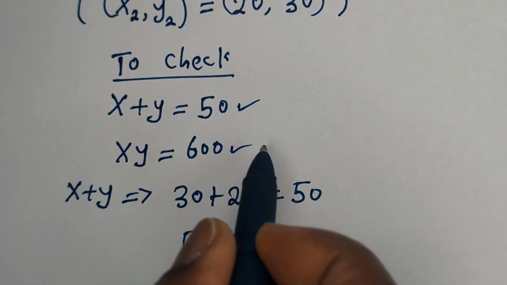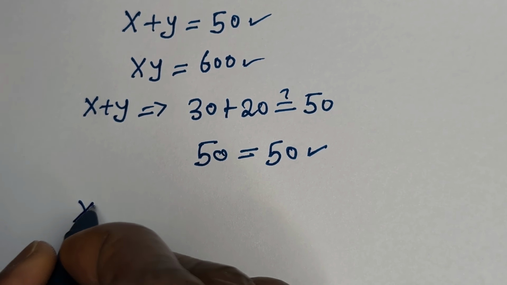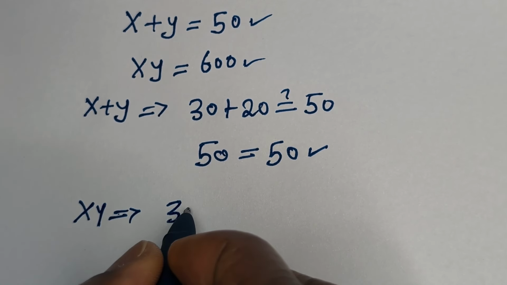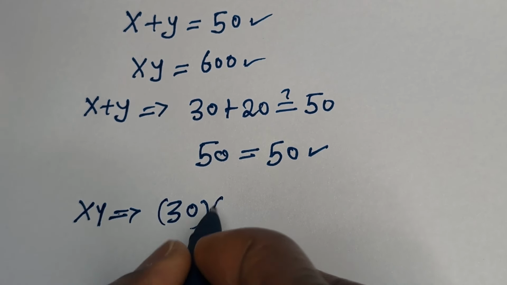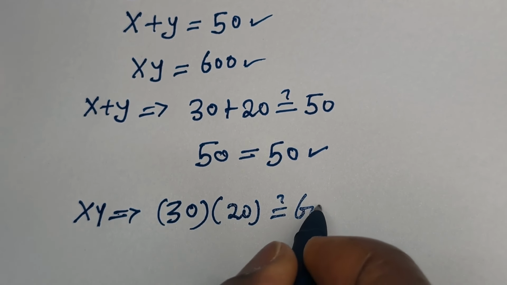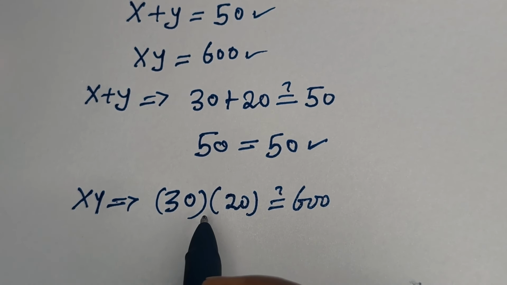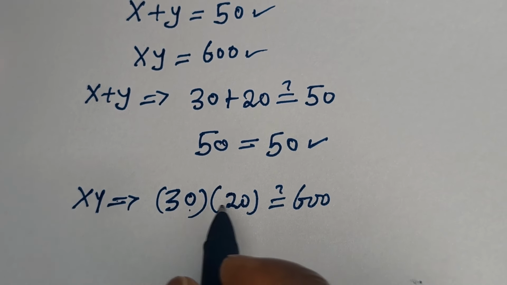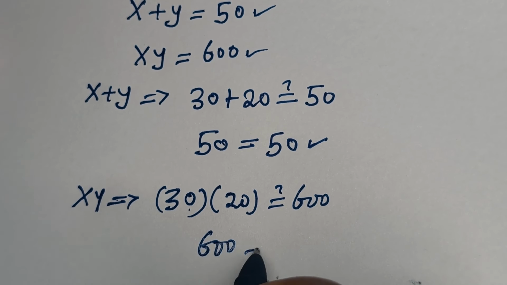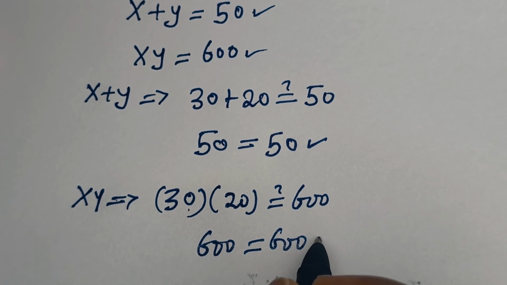Now let's consider this. xy here is 30 multiplied by 20, must be equal to 600. Then 30 multiplied by 20, this is 600, is equal to 600, which is true.